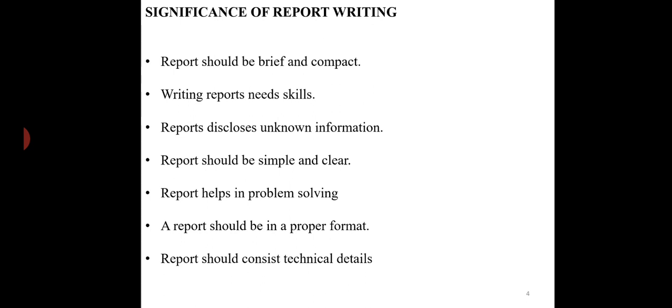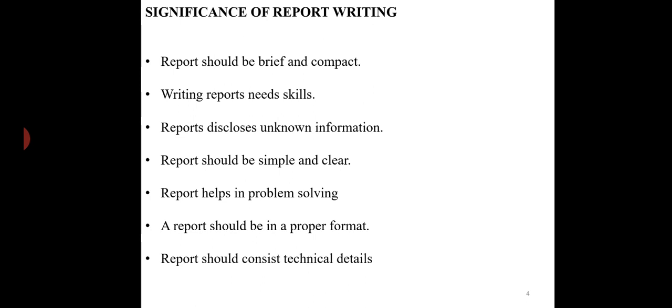So the data collection, analysis and interpretation of the data, conclusions drawn and the recommendations made in the report, everything should be made accurate so as to make the whole report reliable and dependable for future references and also for policy decisions.